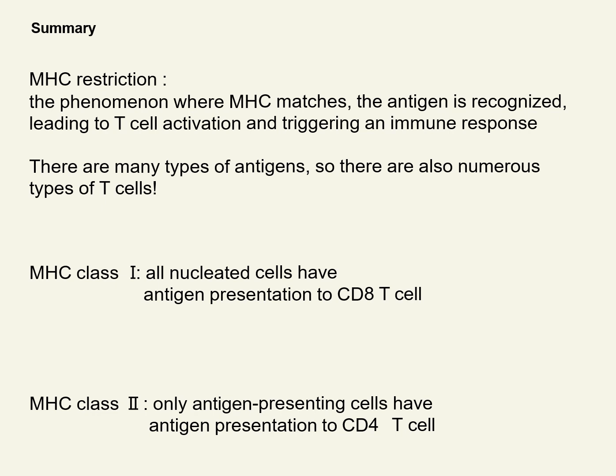MHC class 2 is only on antigen-presenting cells and presents antigen to CD4 positive T cells. MHC class 2 is used to respond to things that multiply outside cells, such as bacteria and pathogens that infect antigen-presenting cells.